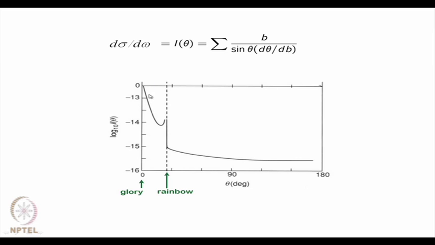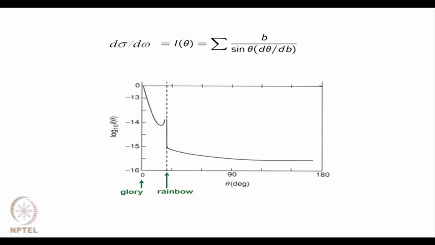This corresponds to the glory singularity, where it goes to a very high value, and this one becomes asymptotic, which is called the rainbow scattering, rainbow singularity.